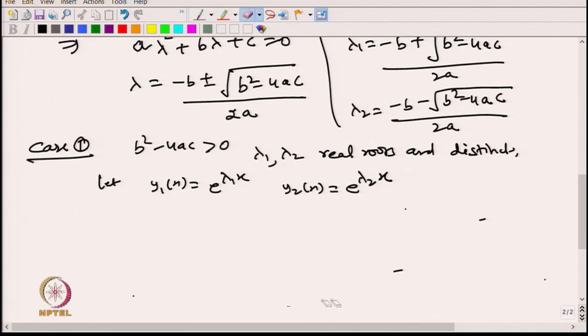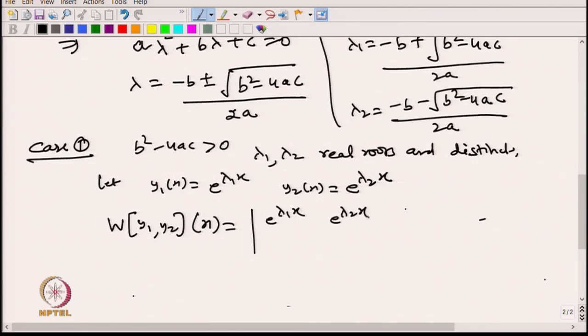So, now in this case I got these two solutions. Let us see what happens to the Wronskian of y1 and y2. In this case my Wronskian will have e raised to lambda 1 x, e raised to lambda 2 x, in the first row, and lambda 1 e raised to lambda 1 x and lambda 2 e raised to lambda 2 x in the second, as we discussed the Wronskian in the last class.